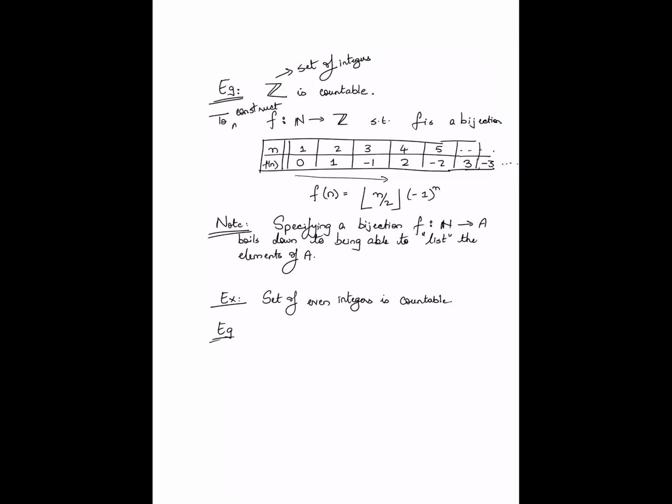Another example is if you look at, let's say, the set of all rationals between 0 and 1. I'm writing this as the intersection of Q with the interval [0, 1]. So this is the rationals in the interval [0, 1]. This is in fact also countable.